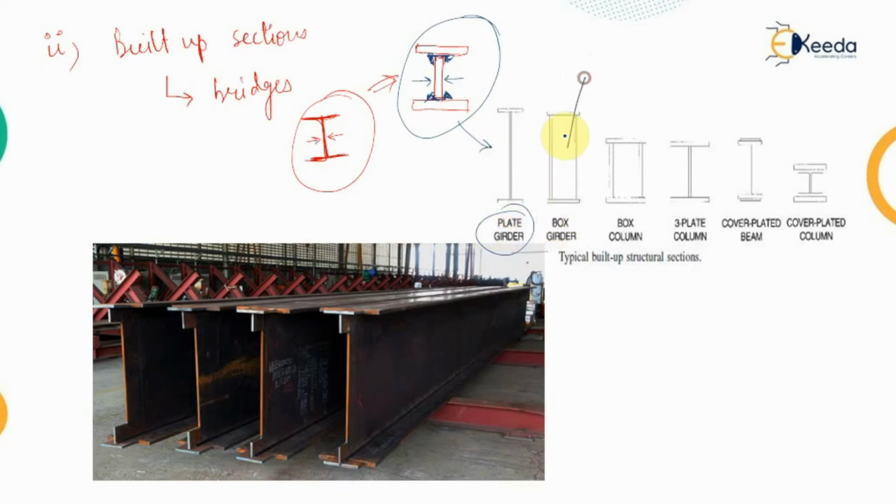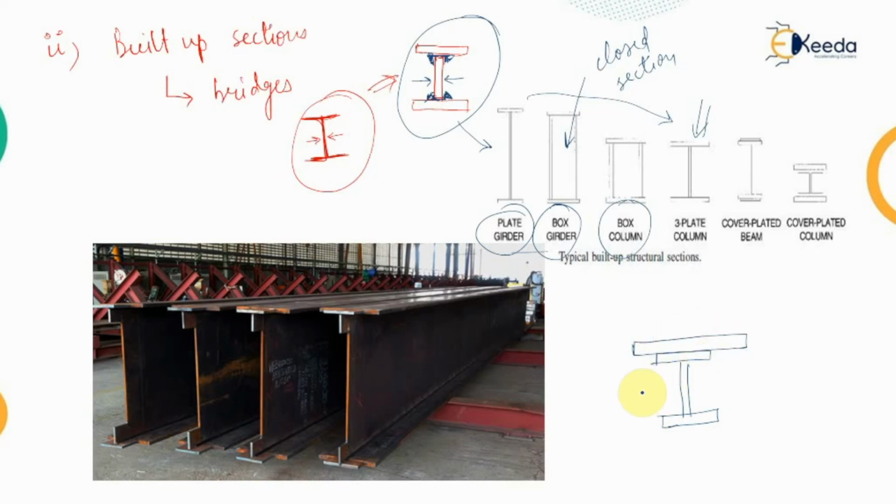If it is a closed section, that means if we are closing this section from both the sides, then that is known as the box girder, or if it has a lesser thickness, then that is known as the box column, or simply that can be known as the plate girder or the three plate column. Now, to increase the stiffness of the compression side, we can provide this plate girder with some cover plates so as to increase the moment of inertia.